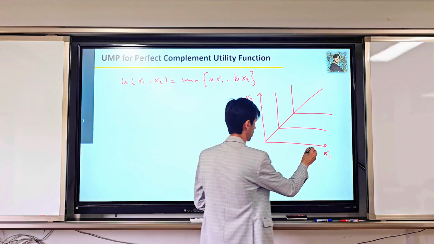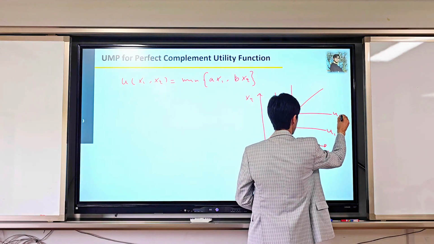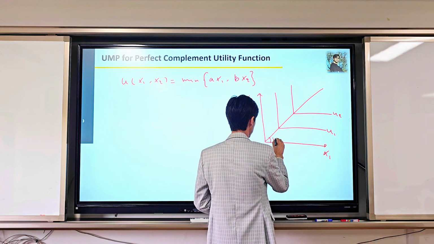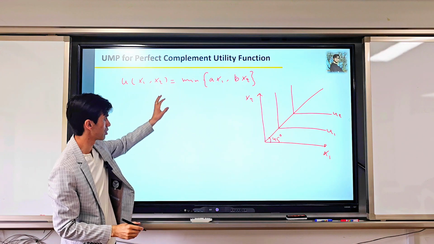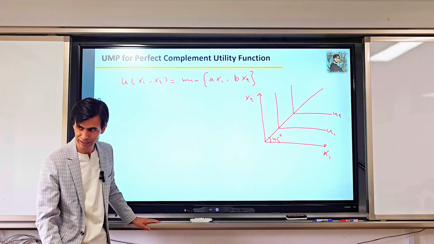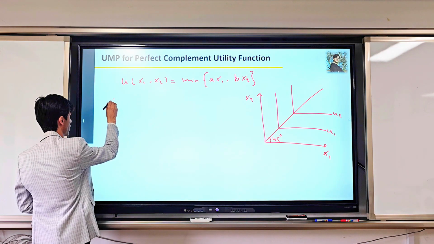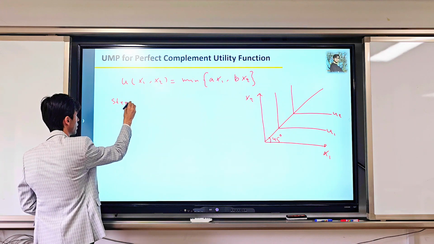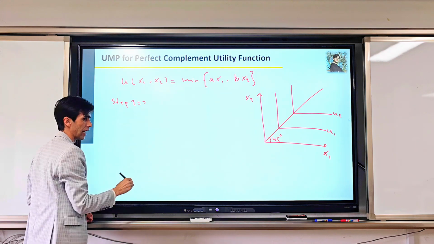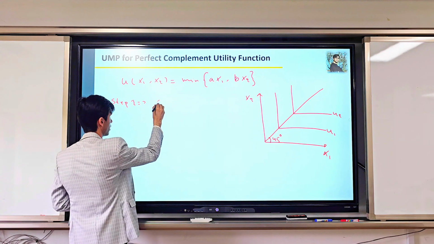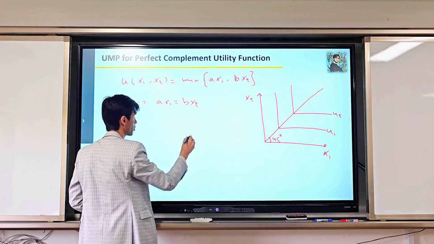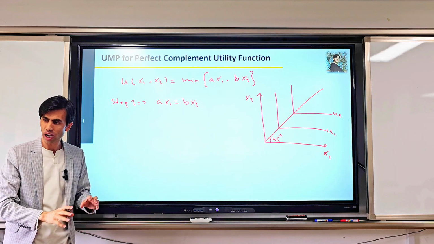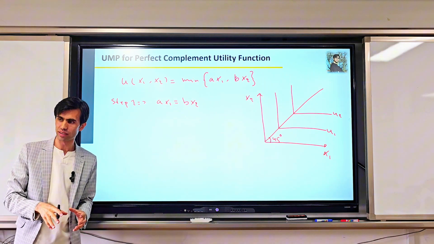Maybe, for example, this is U1 and this is U2, and this is the 45 degree line. In this case, which is not differentiable, we again have two steps. Step one is to equalize ax1 with bx2, because we are going to maximize our utility at the min level.